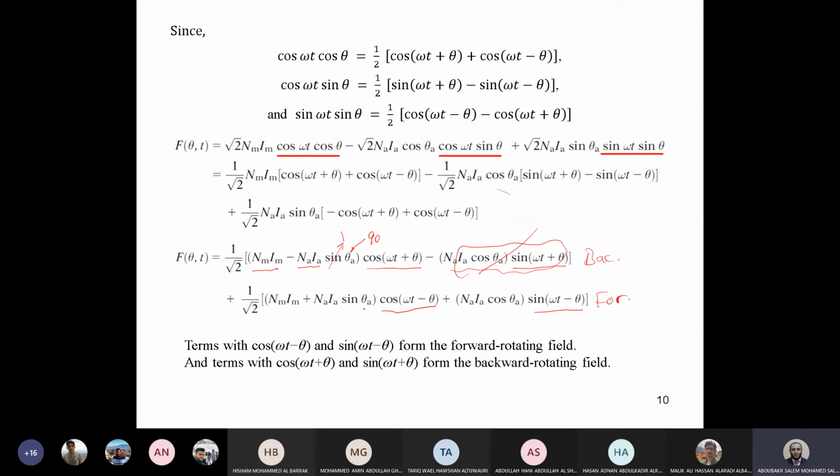Now, here this is sine theta, so this term will be unity. And this term is a function of cosine theta, so this term also will be removed. So finally, if we have 90 degrees, we will have only these two parts.